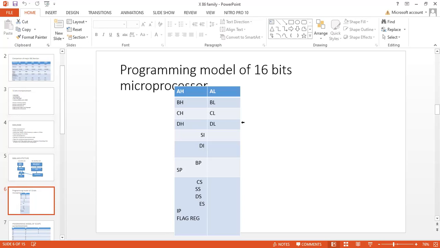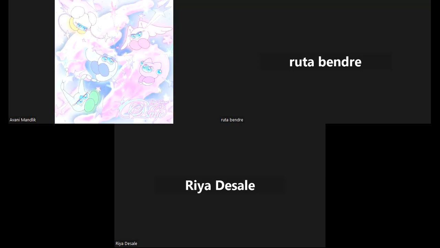Basically, code segment will consist of code. Stack segment will consist of, for example, register pair contents. And the flag register is a 16-bit register.